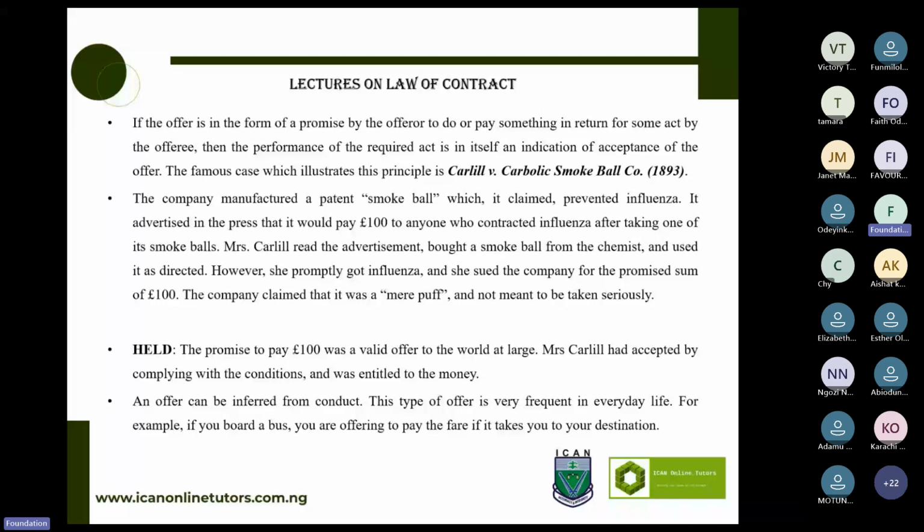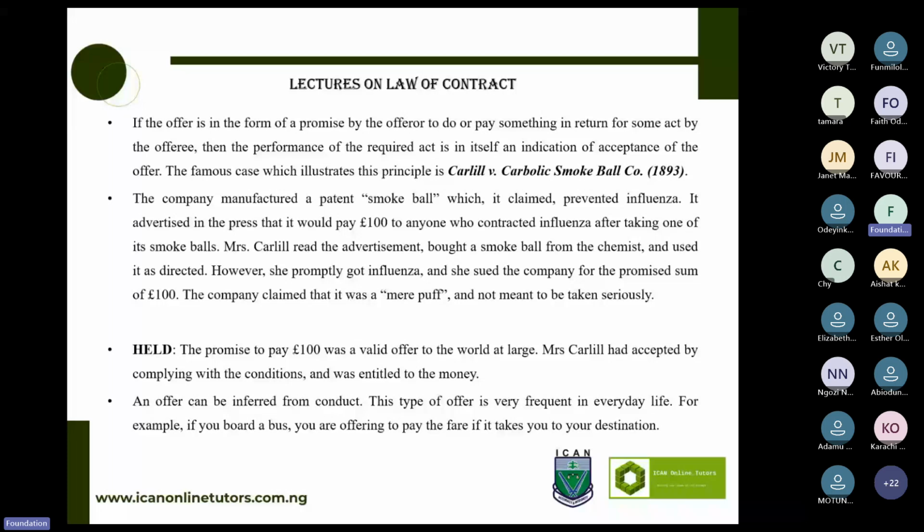So the court says that because Khalid followed the instruction based on the publication, following the instruction, meaning complying with the conditions, is an indication of acceptance. Therefore, she is entitled to the money. So Carlill Smoke Ball Co. was compelled by the court to pay Khalid as promised in their offer.